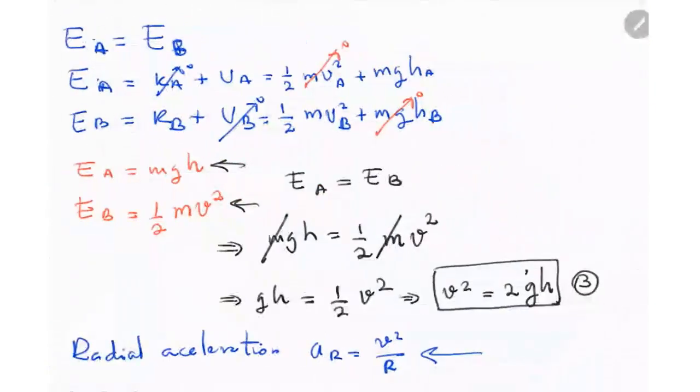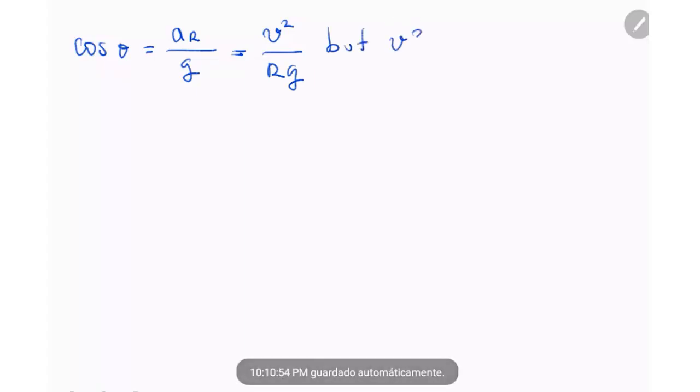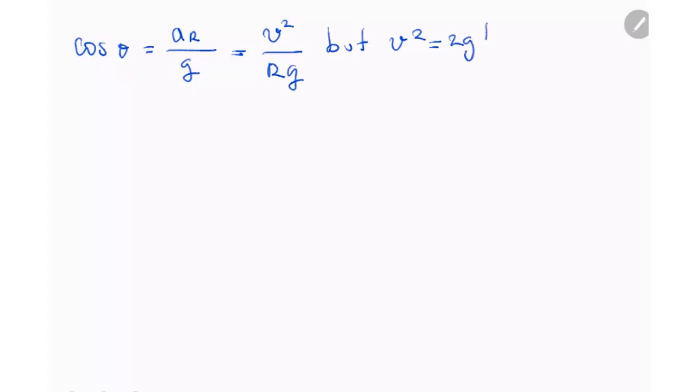Okay, if we do that, we get that cosine of theta is equal to radial acceleration divided by the gravity, but the radial acceleration is v squared divided by the radius, multiplying the gravity. In this case, this is the result. Okay, but we calculated that v squared is 2gh.